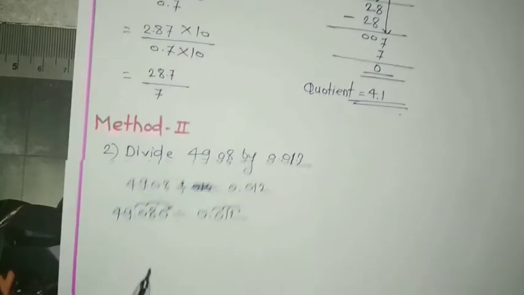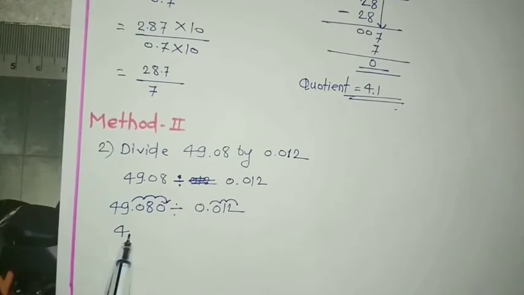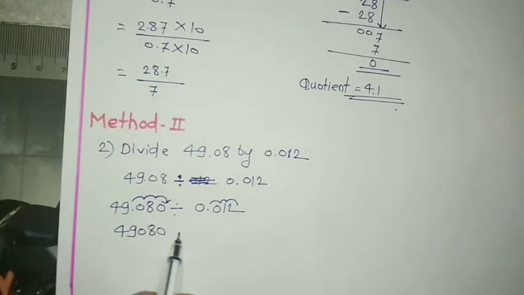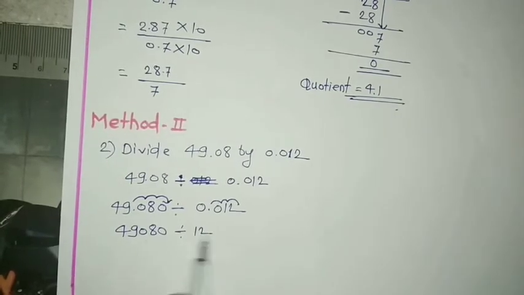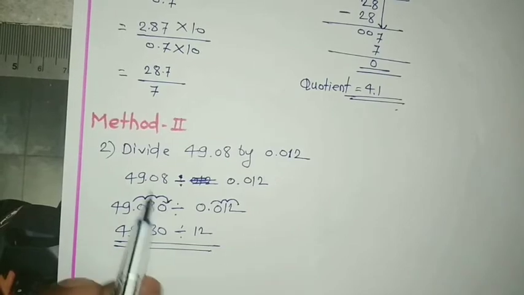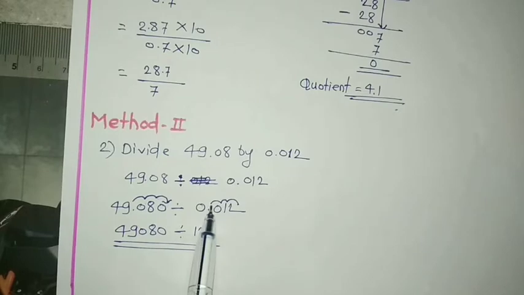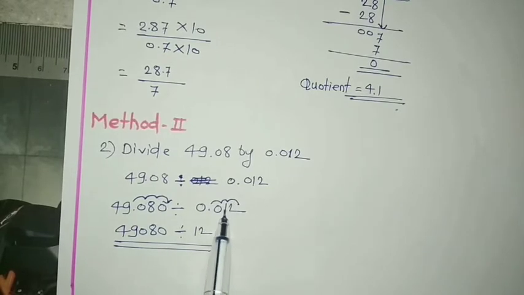So I get 49,080 divided by 12. I move the decimal point 3 places to the right for both the divisor and the dividend. So I get 49,080 divided by 12.